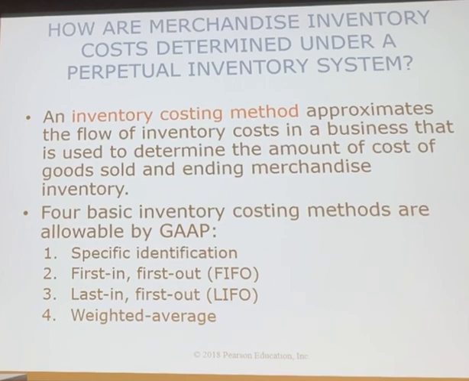Now, the slide said that these are the 4 basic costing methods that are allowed by GAAP. There are actually more than 4 methods that can be used under GAAP. There's a popular method called the retail method that is used by many retailers, but we're not going to be studying the retail method here.